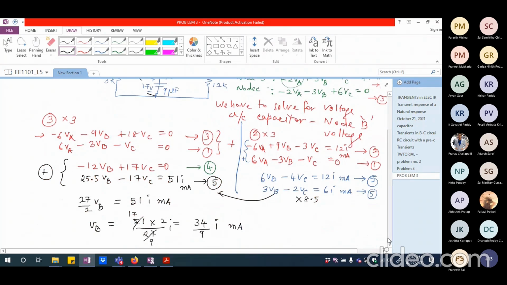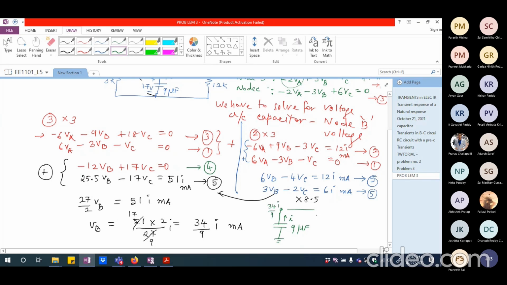So I'm going to say that this circuit is equivalent to having this capacitance, which is actually 9 microfarad capacitance. And if I look at this current as I, and this is grounded, and this voltage is 34 by 9I, that's what I'm saying.